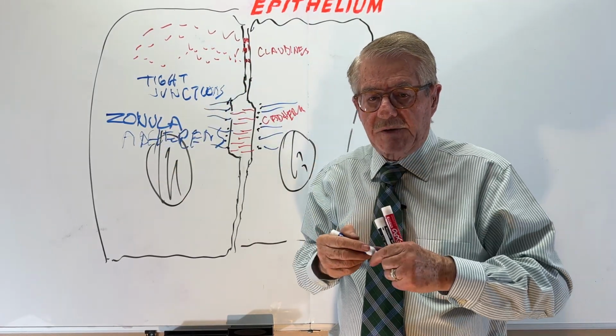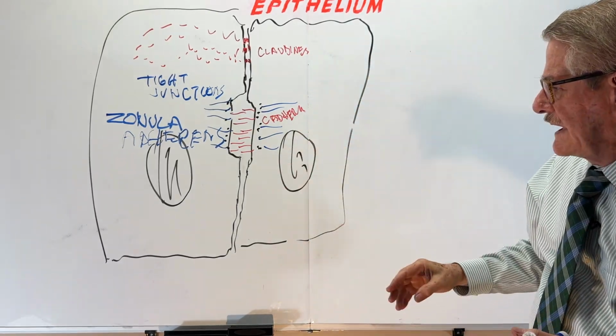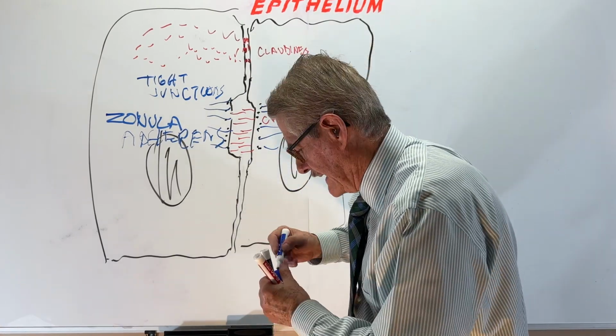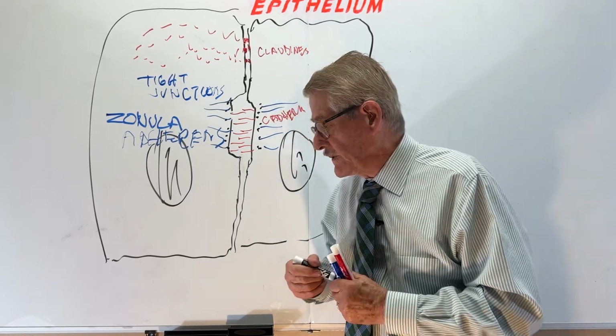these structures. Now, finally, we're going to go to two structures which are more simple in a way, and what are called the desmosomes and the hemidesmosomes.